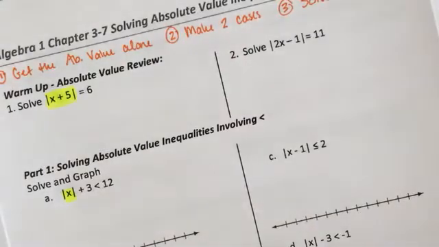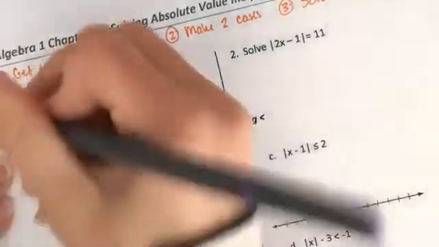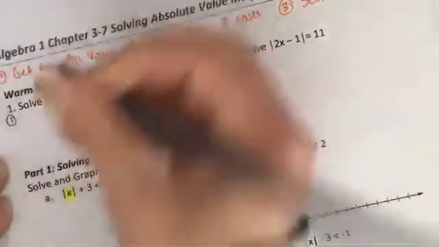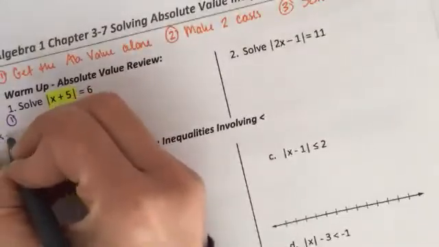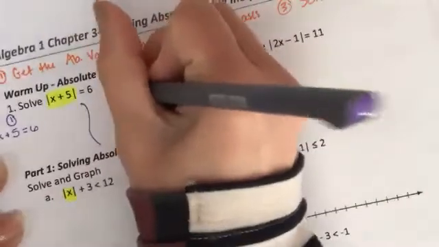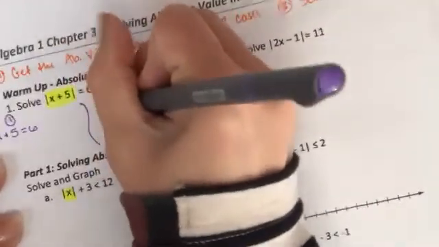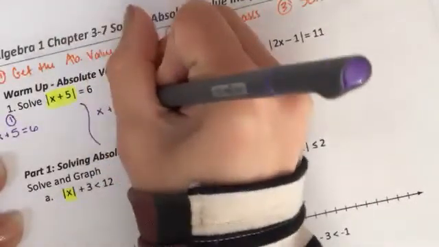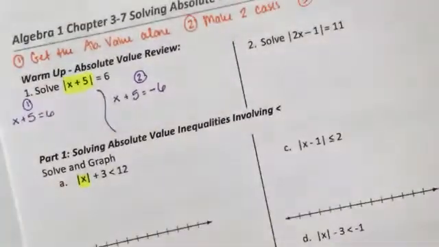The second step is to make two cases. So in case 1, it's exactly the same. X plus 5 equals 6. And then in case 2, it's x plus 5 equals negative 6. Okay, then your third step is to solve for x.